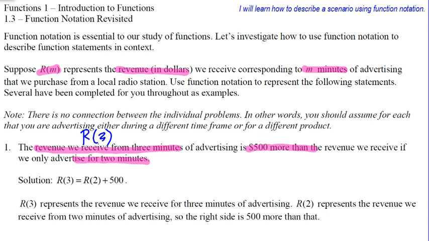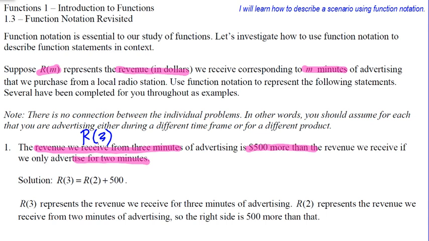So how do we represent the whole entire thing in one notation? Because you get $500 more, technically what that means is if you add $500 to your friend's revenue, that revenue will be equal to yours, who is advertising for 3 minutes.